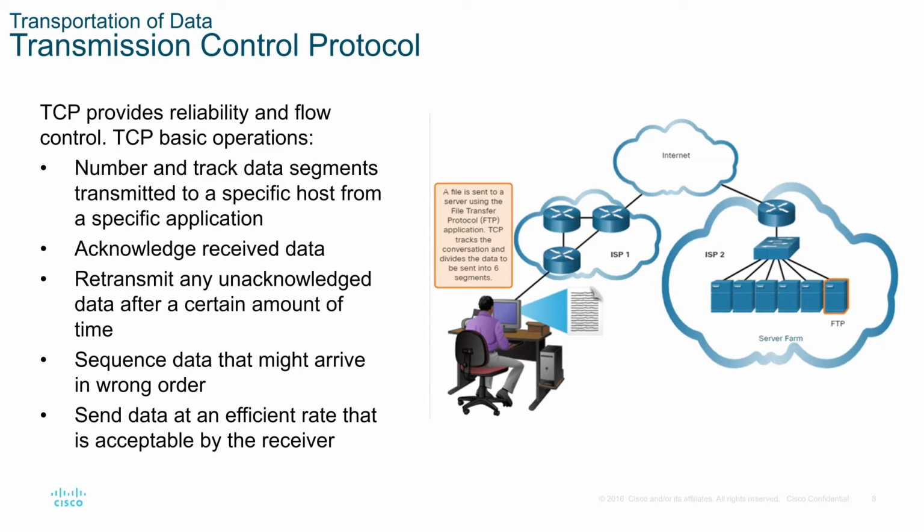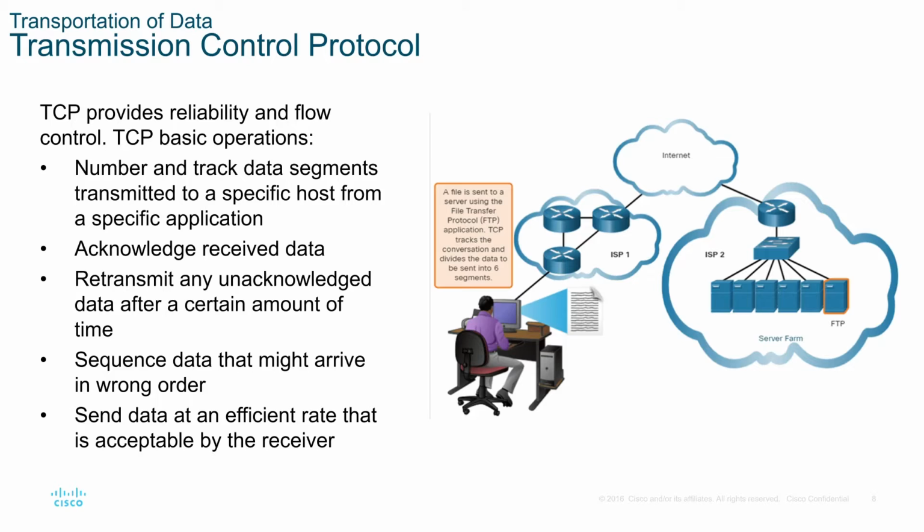TCP provides reliability and flow control, as just mentioned. Some of the basic operations: they number and track data segments transmitted to a specific host from a specific application. They would acknowledge the received data.